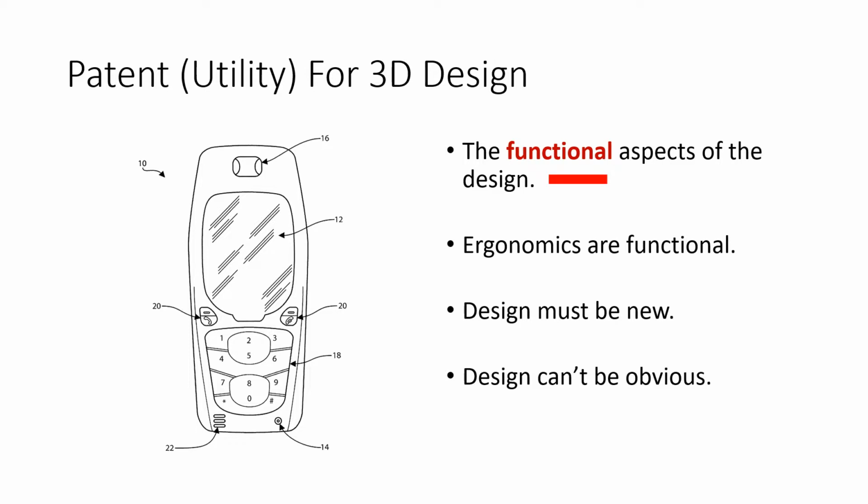And it's important to understand that ergonomics is a form of function. The design must be new, and most importantly, it cannot be obvious from things which have existed in the past. So if you have a new design which is not obvious and it has functional aspects, like for instance, a certain ergonomic advantage, then it might be subject to patent protection.